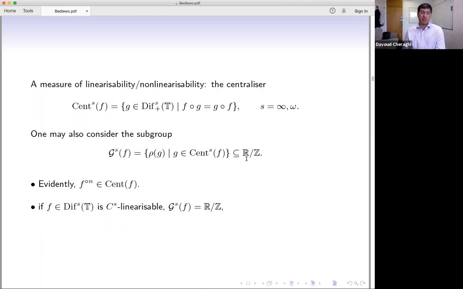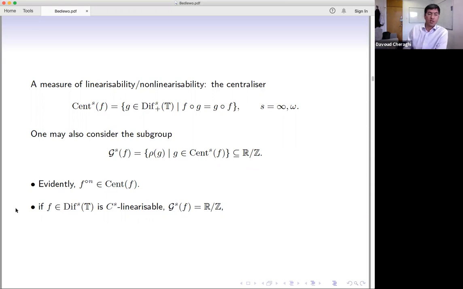It's a countable set. Yes. If this is going to be a measure of linearizability or non-linearizability, you want to take that black and white statement and see if you have intermediate maps with intermediate linearizability in some sense. So that will boil down to, can I have maps such that these groups will not be the trivial one here or the trivial one here.